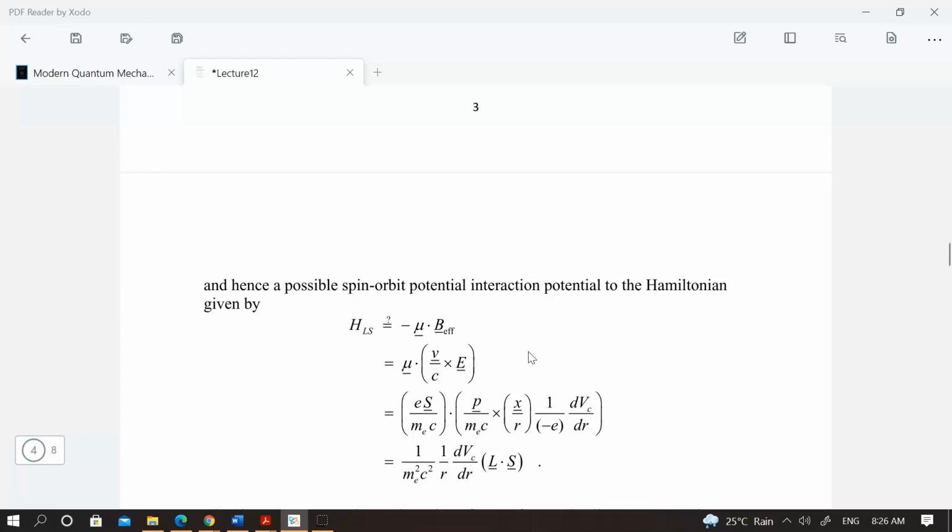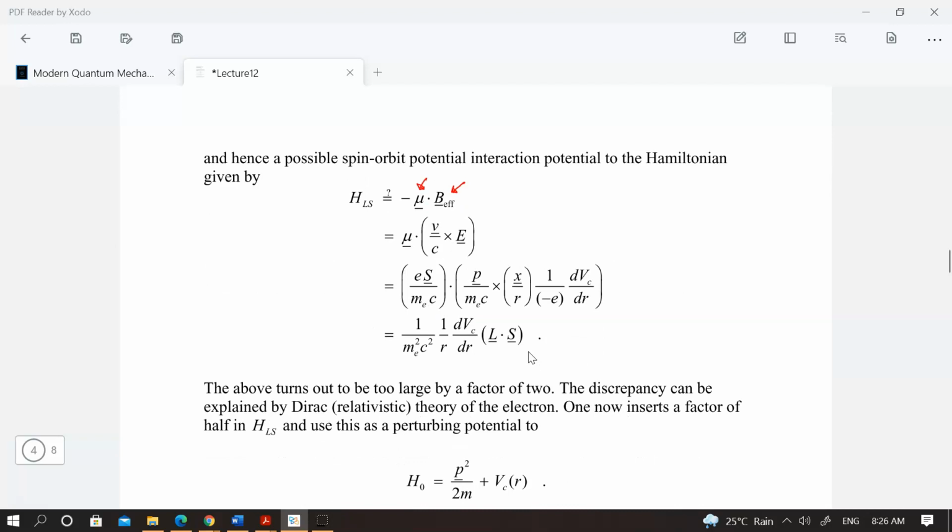This is coming from the magnetic moment due to spin, and the effective magnetic field that comes from the orbital part. Essentially this is the thing that gives the spin orbit interaction. You just plug in all the things that we have previously, your B here, and then your mu here.